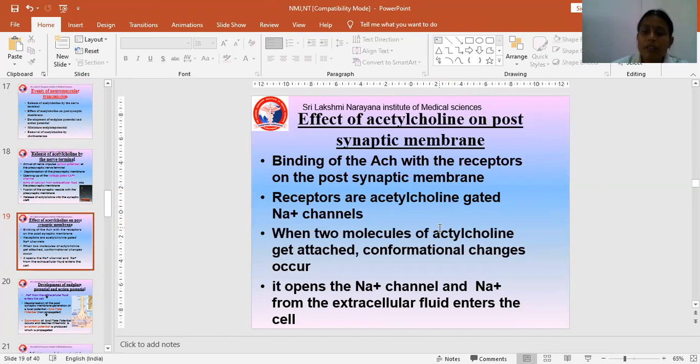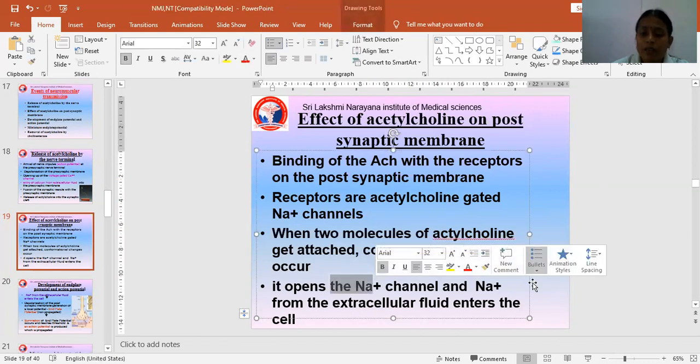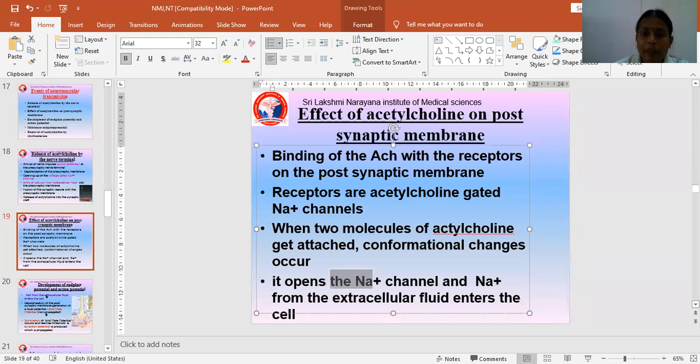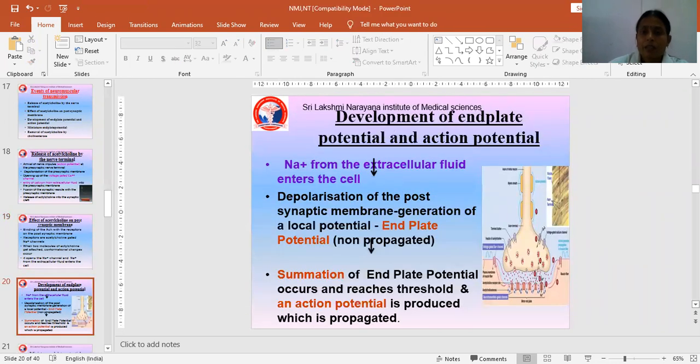When two molecules of acetylcholine get attached, conformational changes occur. This leads to opening of the sodium channels, so sodium ions from the extracellular fluid enter inside the cell. Normally the inside of the membrane is negative, so once the positive ion enters, the membrane potential increases in the positive direction.